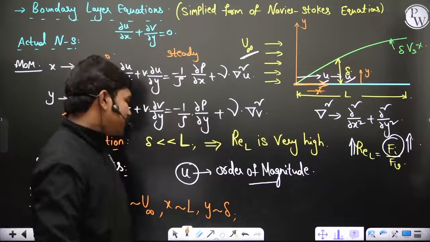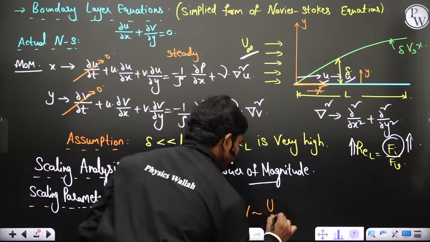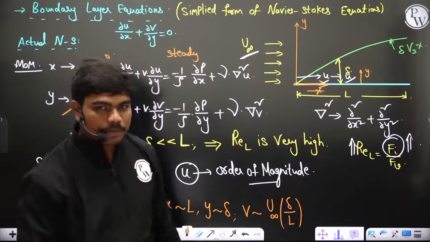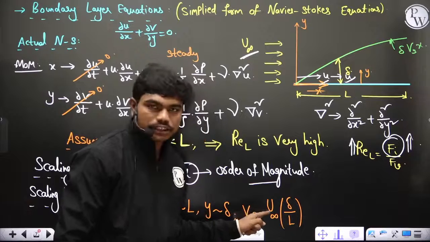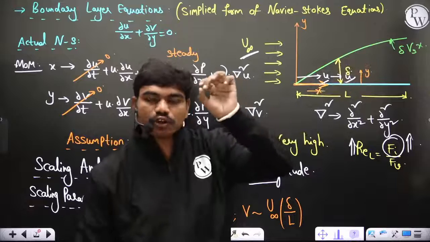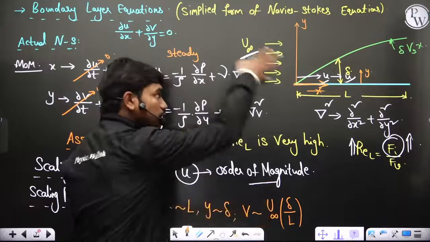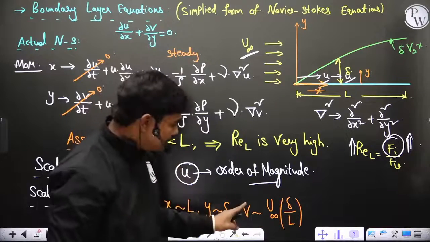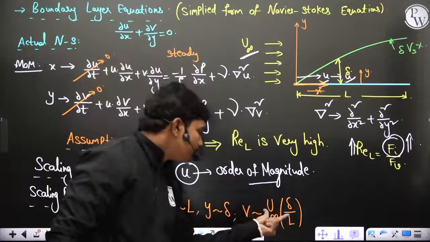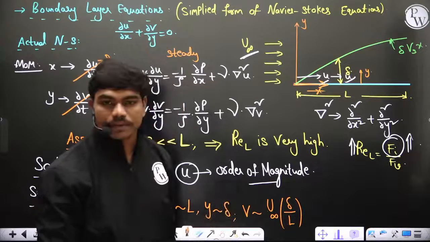Now there are some other parameters. V can be scaled to u infinity delta by L. This is slightly non-intuitive, but I'll explain physically what happens here. See, u infinity is very large compared to v, because in this layer the predominant velocity is in the x direction, so the y components of velocity are very small. Now if v is very small but u infinity is very large because that's the free stream velocity, then if you want to scale v to u infinity, you have to multiply by a very, very small value which makes this product equal to v in magnitude.